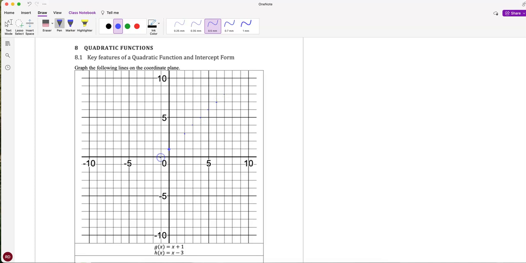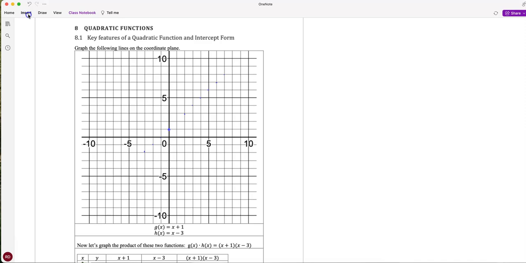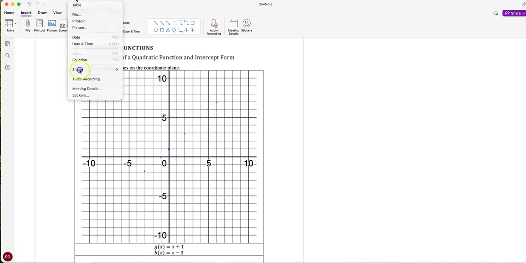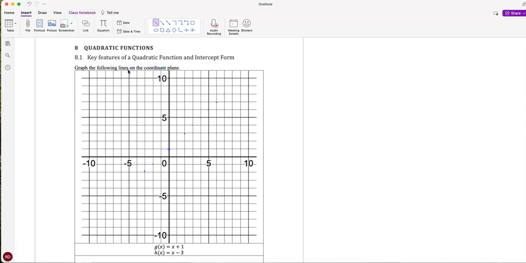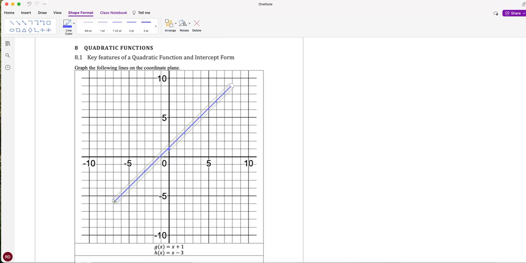So like so. So if I were to graph that line, something like this. Okay, if I can make it go, let me adjust it just a little bit.